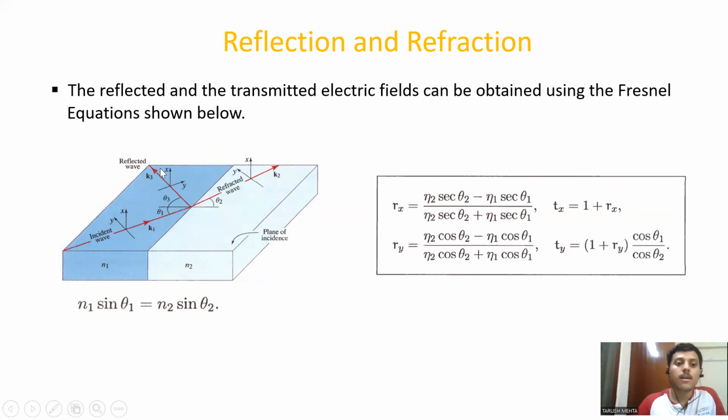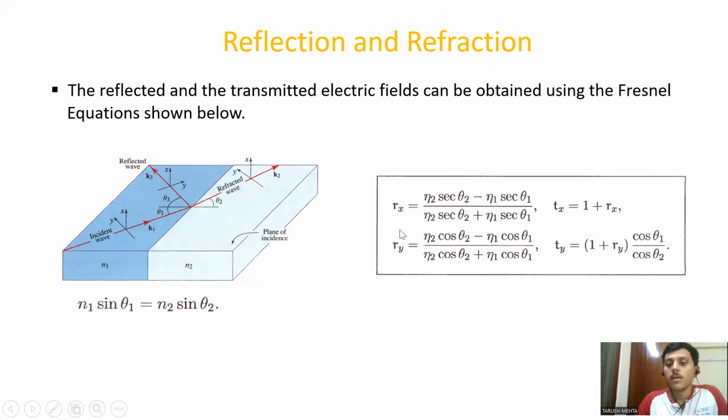The additional things that come into play here are basically how much amplitude of the electric field that is incident is getting transmitted and also reflected. So that is basically given with the help of Fresnel equations, which can be derived using the Maxwell equations along with the boundary conditions.